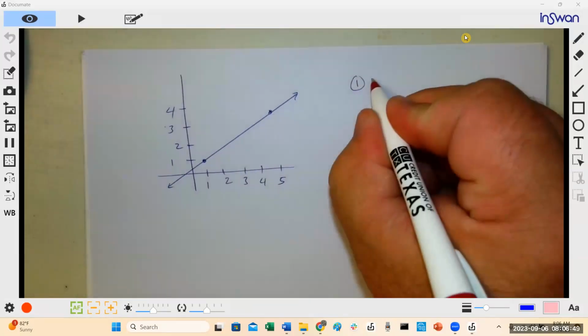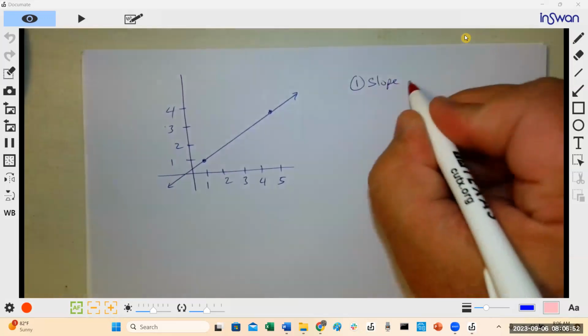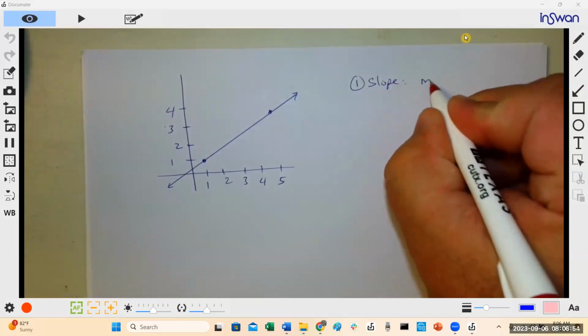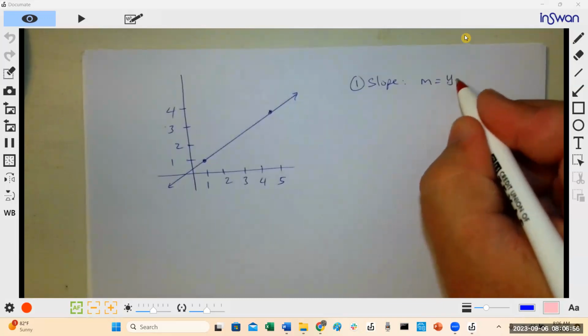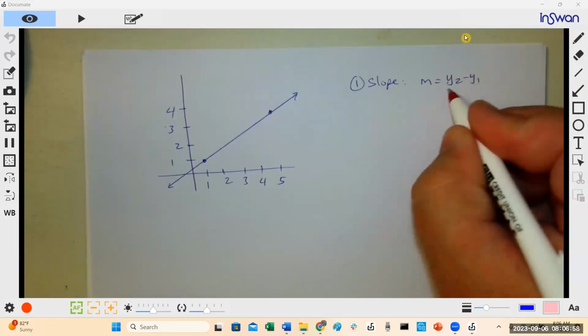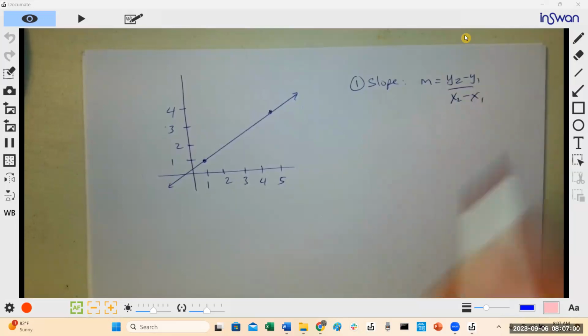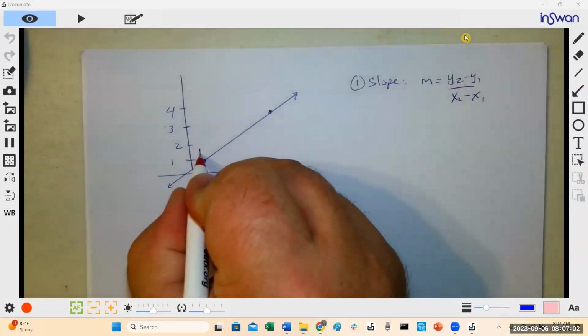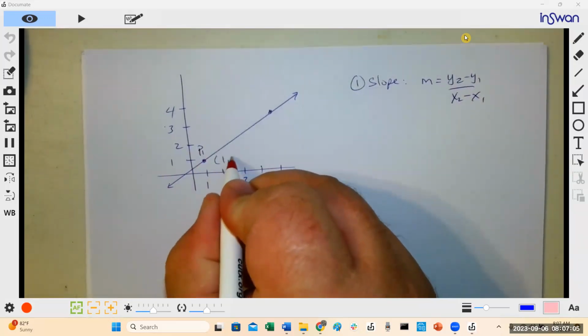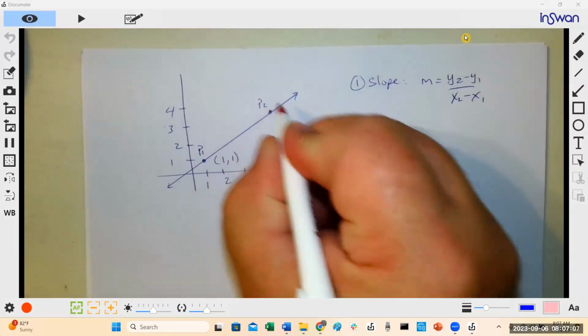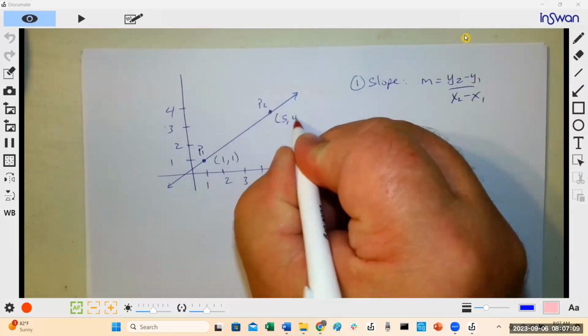We've already figured out how to figure out the slope. The slope is m equals y2 minus y1 over x2 minus x1. So here's our point 1, which is at 1, 1. This is our second point at 5, 4.